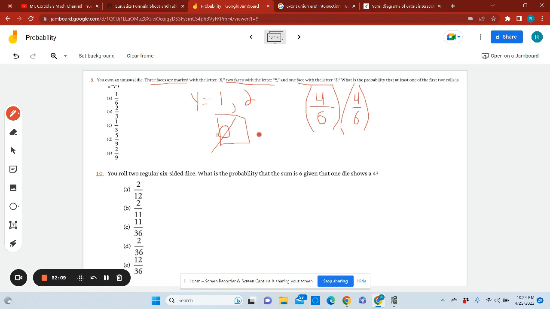If you're going to roll a die 2 times, you can get 0 Ys, you can get 1, you can get 2. This is the only one that doesn't satisfy that. So I'm finding that probability, and I'm going to subtract it from 1, and it will leave me with the other 2. So this is really going to end up being 1 minus 16 out of 36.